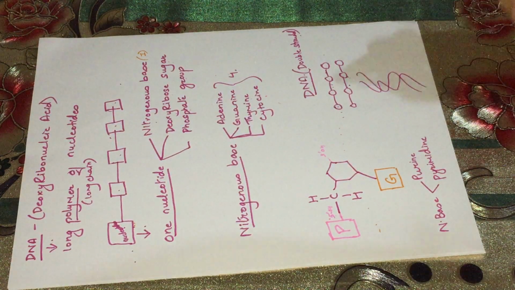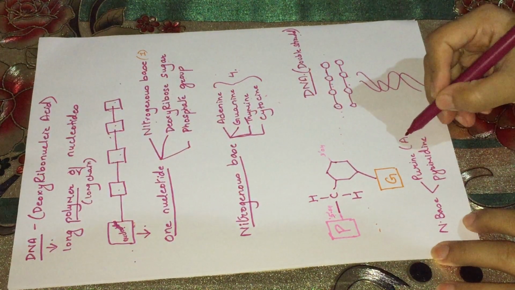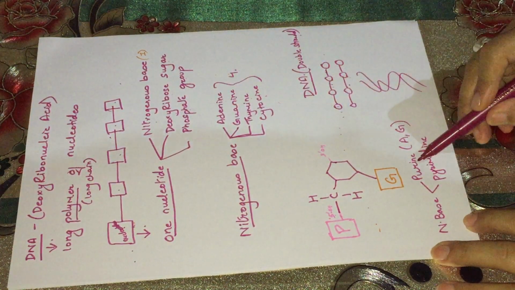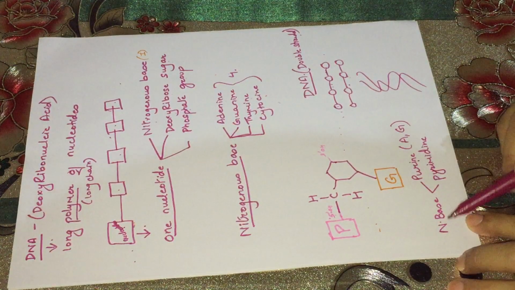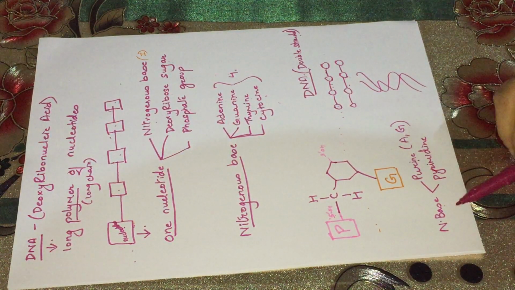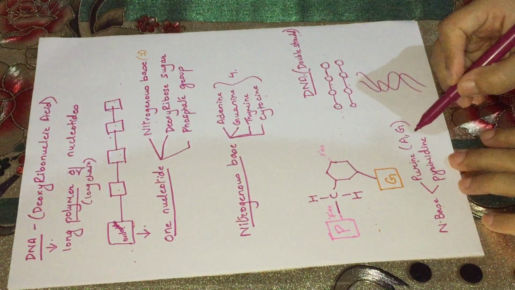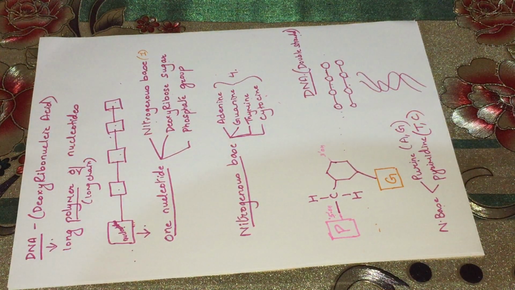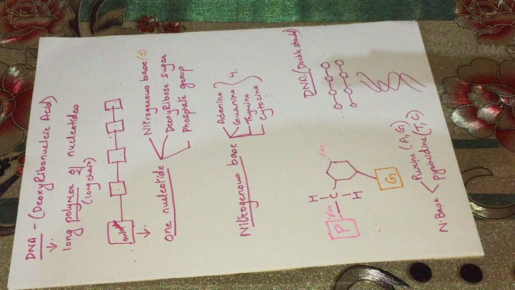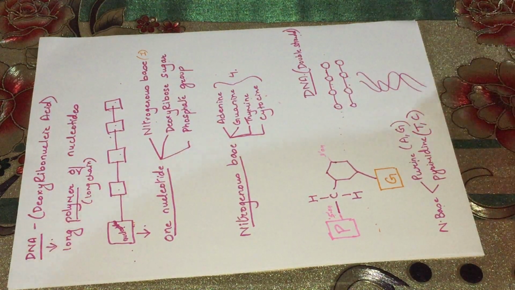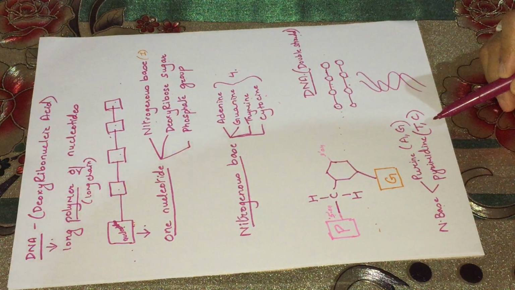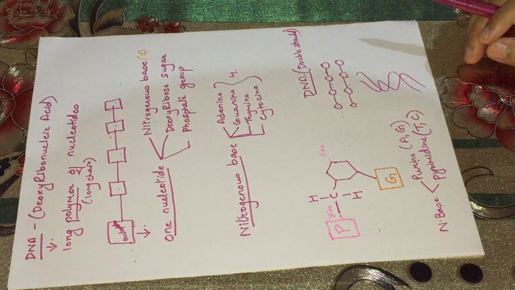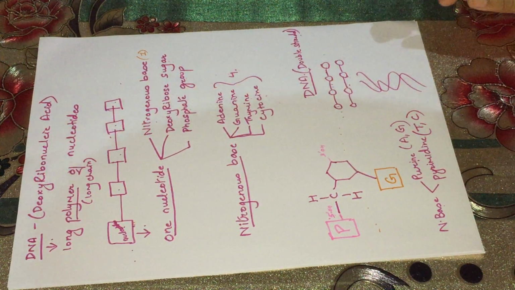Purines are adenine and guanine. These are called purine nitrogenous bases. Pyrimidines are thymine and cytosine in case of DNA, but in case of RNA, in place of thymine we have uracil, so pyrimidines will be uracil and cytosine.